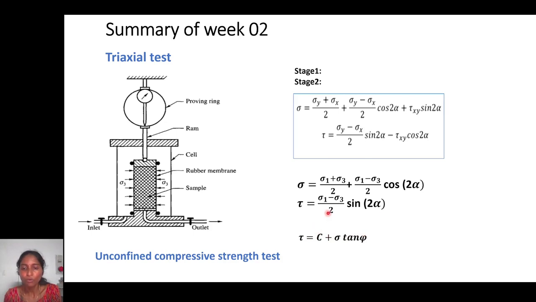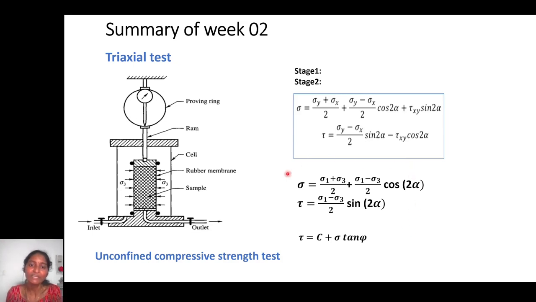If you know the cohesion and angle of internal friction, you can determine the shear strength for that angle of friction or for that failure plane. So this is the main aim. The calculations and determinations will be easier compared to the direct shear test, because here we are assuming the planes are principal planes.